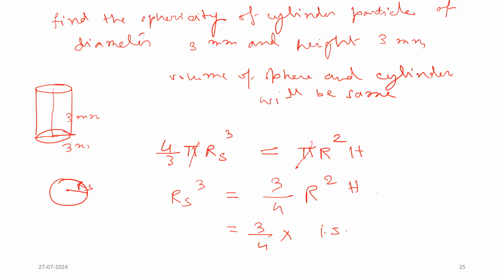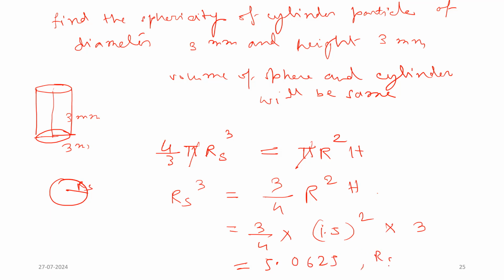So 1.5 squared into the height, which is 3 given, so how much is it coming? It is coming 5.0625. This is rs cube.